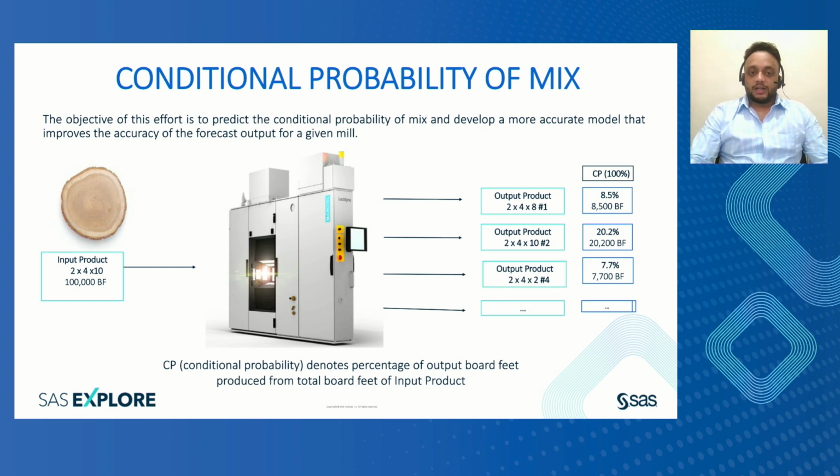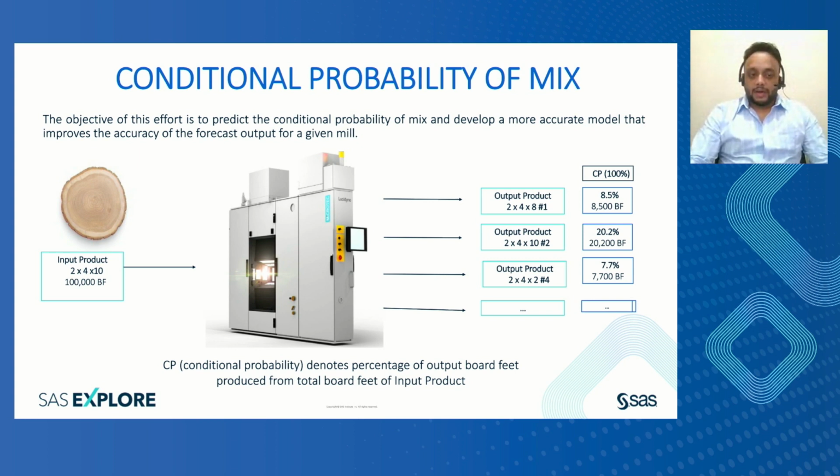For example, if I feed a lumber of dimension 2 by 4 by 10, what can be my output, and how much will be my output for 2 by 4 by 8 grade 1? Our dimension is 2 by 4 by 8 and grade 1.